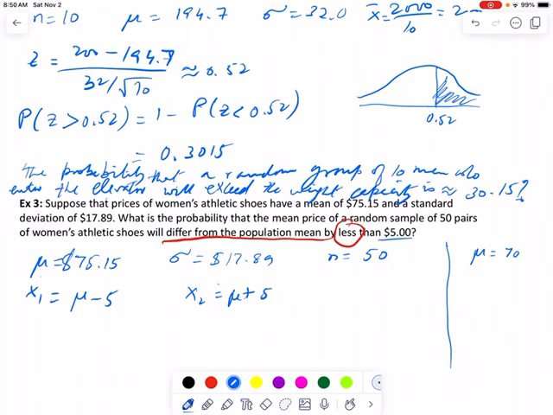So you can say 65 and 75. And how can you find them? You subtract the 5 from the 70 and the other one, you add the 5 to the 70. So that's what we did here.